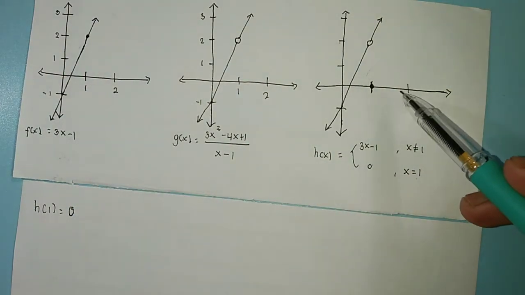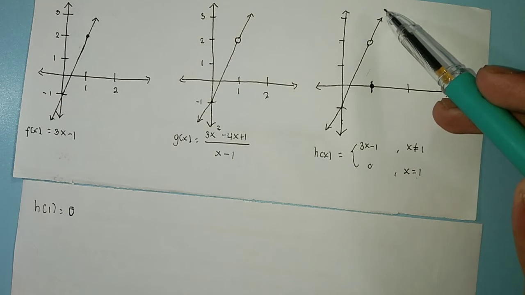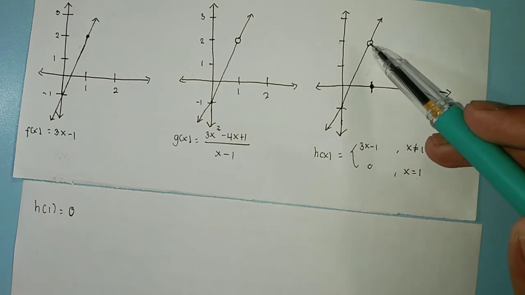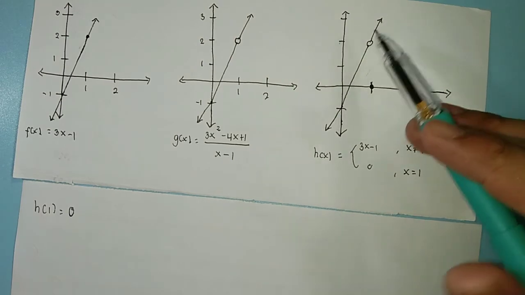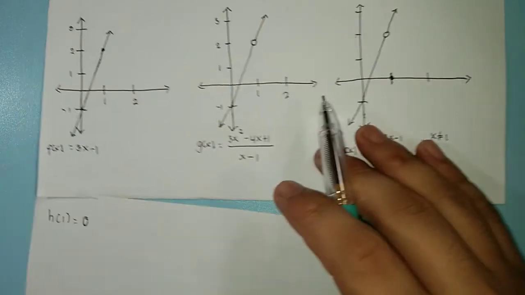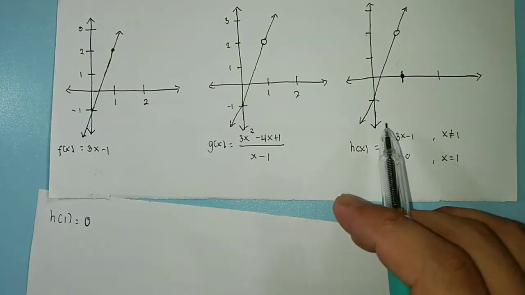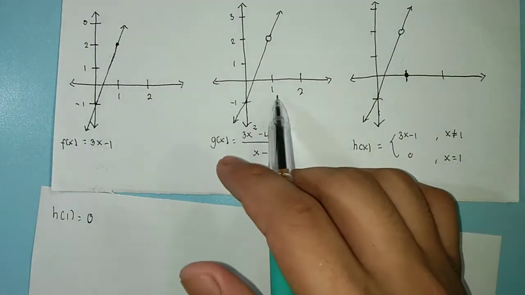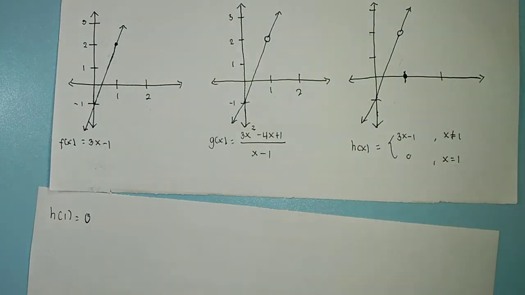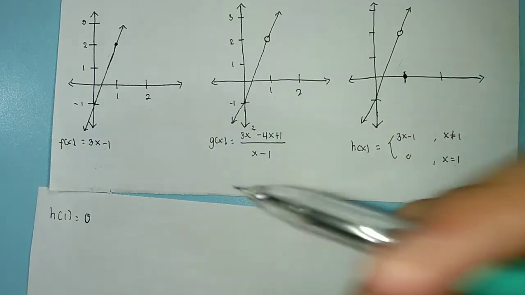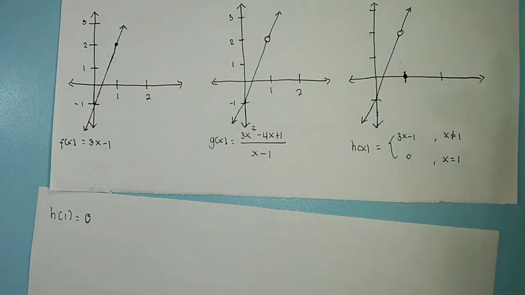Same sa right side, kapag nag-a-approach yan sa 1, bababa din, mag-a-approach din sa 2. Okay? So, kung mapapansin nyo, magkakaiba man sila ng value ng function, yung isa ay undefined, pero kapag in-approach natin yung mga values ng x doon sa 1, same yung nagiging behavior ng values ng f of x.